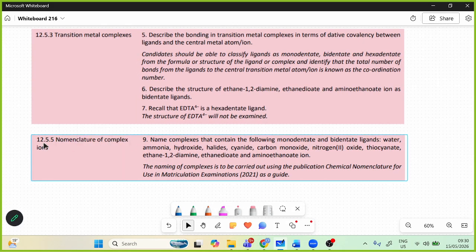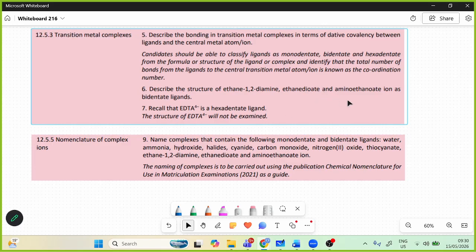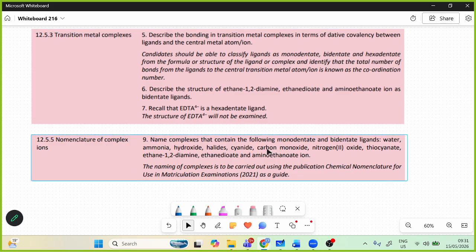Okay? Now, the bonding in transition metals is dative covalent. I think no one struggles with that. But then you need to know that you can have monodentate, bidentate, and hexadentate. You should be able to name complexes that contain the following monodentate and bidentate ligands: water, ammonia, hydroxide, halide, cyanide, carbon monoxide, nitrogen oxide, thiocyanate, ethane-1,2-diamine, ethanedioate, and aminoethanoate.